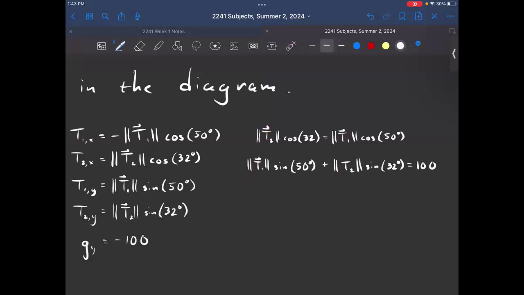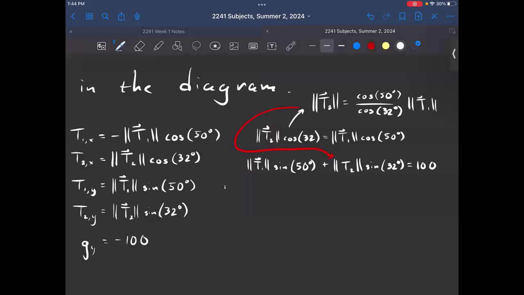Let's see, how are we going to do this? Well, maybe we solve for T2 right here. So norm T2 equals cosine of 50 degrees divided by cosine of 32 degrees times the norm of T1. And we'll go ahead and substitute that right in there.